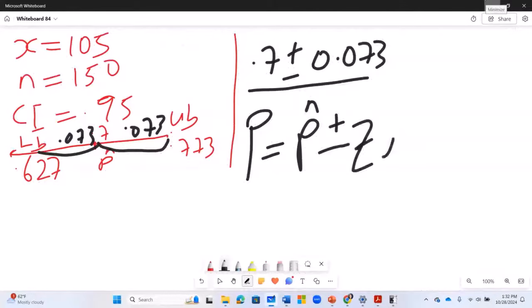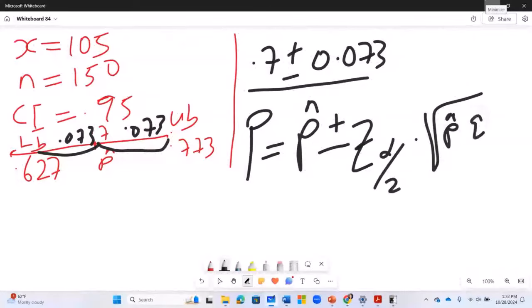The critical value Z alpha over 2 multiplied by the square root of P hat, Q hat over n. So this is the formula, and if you're told to use the formula, you can use it. Otherwise, you can just go straight and put it in your calculator.